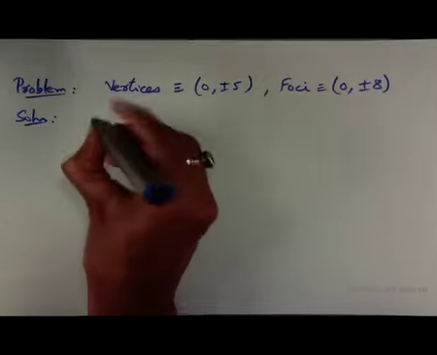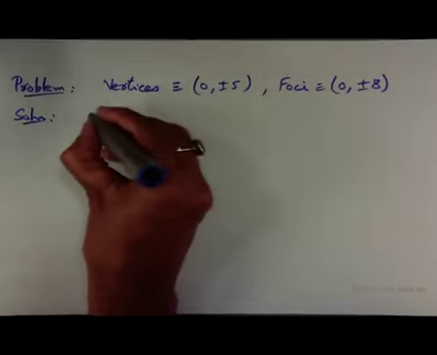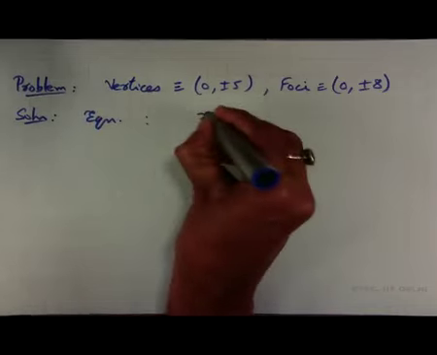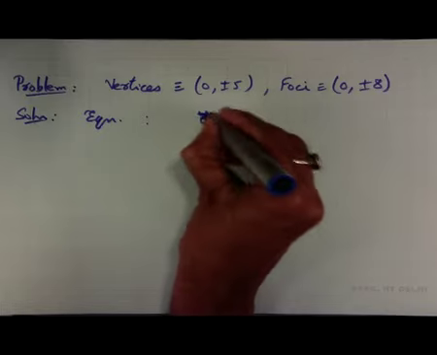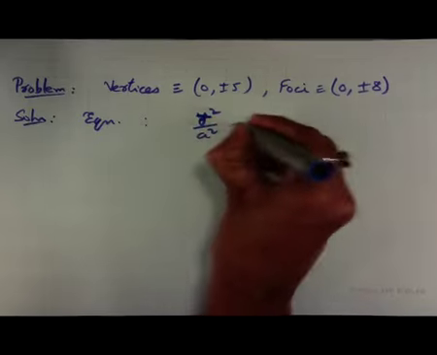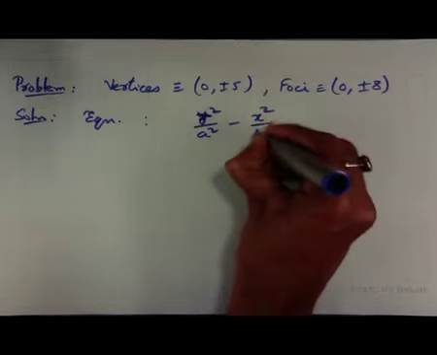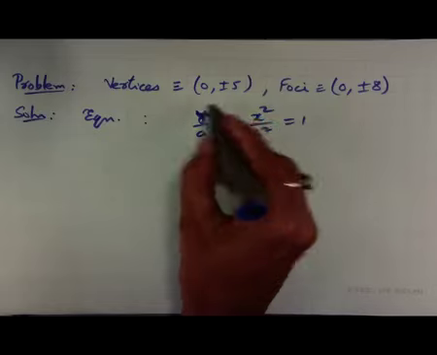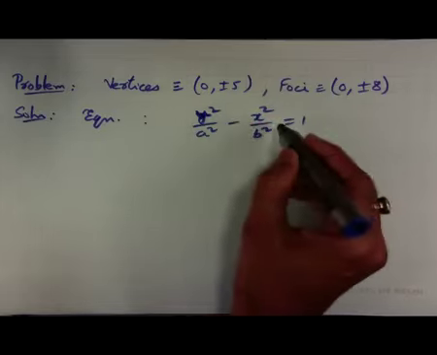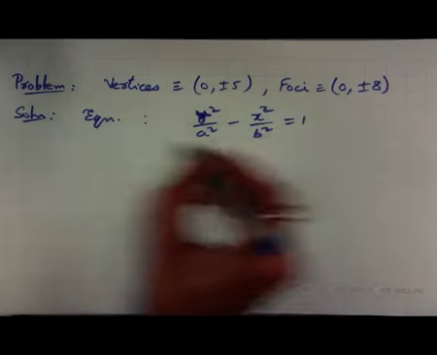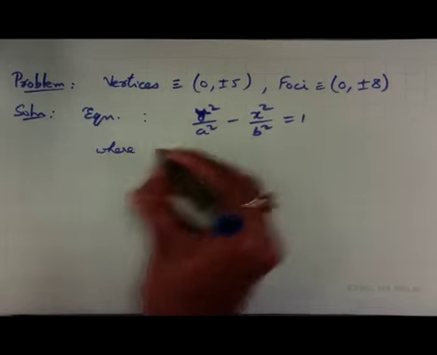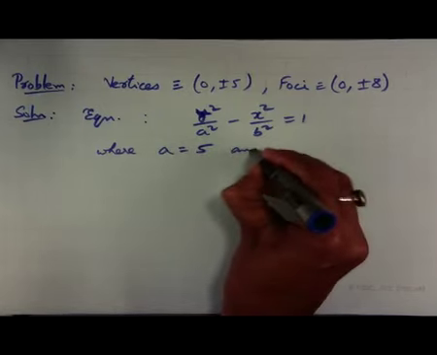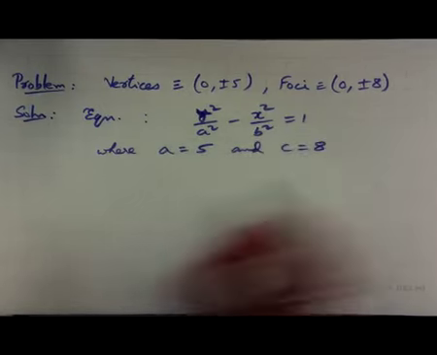So, in this the equation will be of the form y square by a square minus x square by b square equal to 1, because the vertices are on the y axis. Here a is given to be 5 and c is given to be 8.